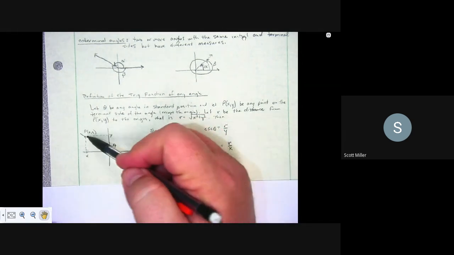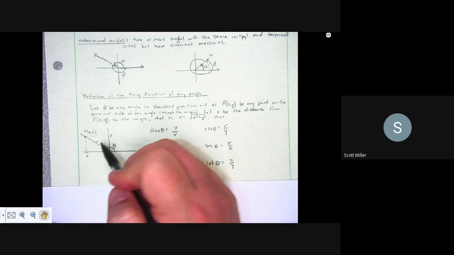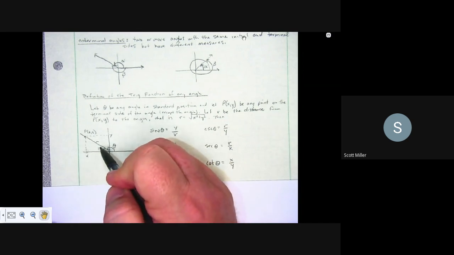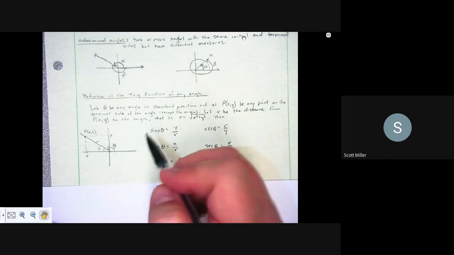So the y value of the point over r. Well, the y value would be here. This thing right here represents what's called a reference triangle, and this one here would be a reference angle, usually designated with a prime. This angle, though, is theta. There's no theta prime in here. But I want you to know that the trig ratios for these two angles would be the same. Okay, so that's how that works.